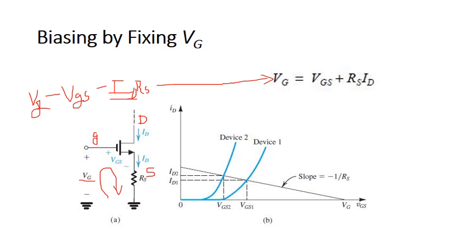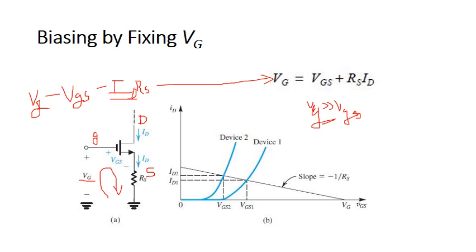Now we will check how the ID will remain constant by fixing the Vg. Now if in any case we consider Vg to be far greater than VGS. So in this case, Vg is constant, so it is made far greater than VGS.